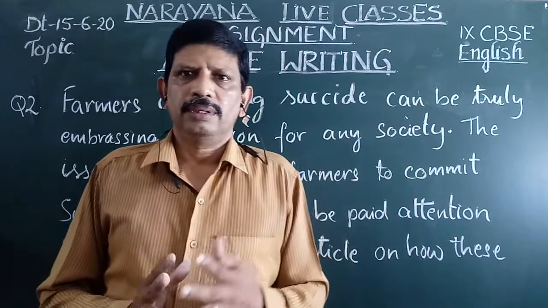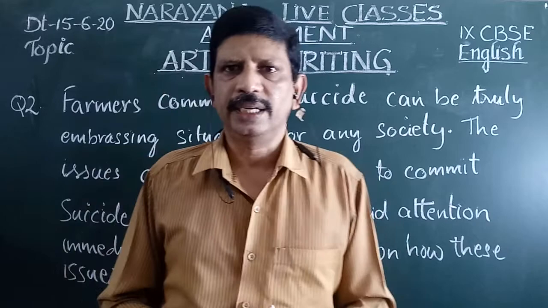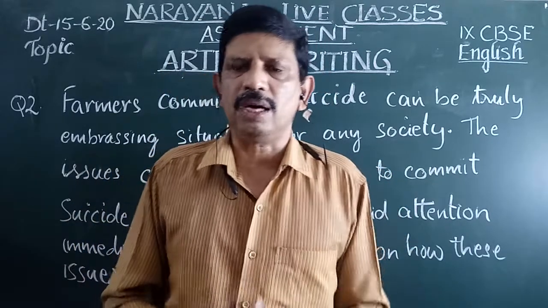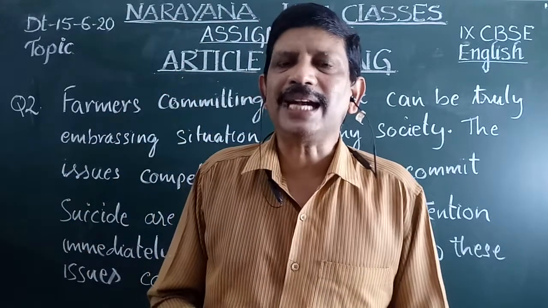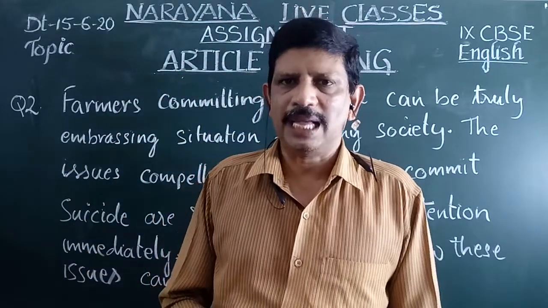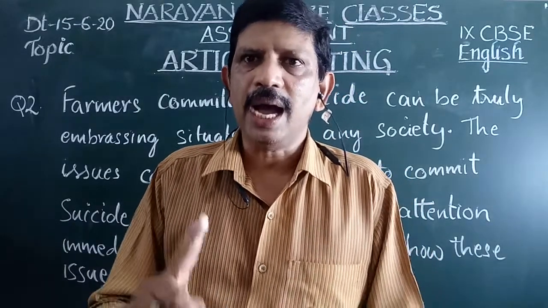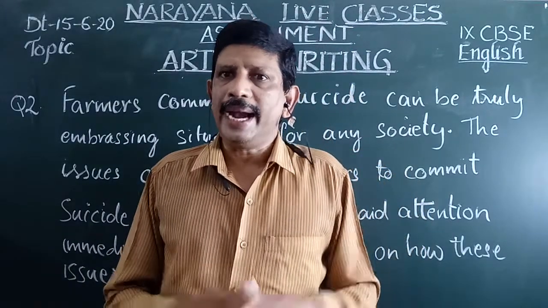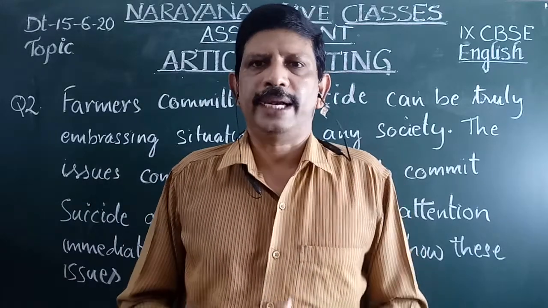Now the next one, we have to write down the development of the content. In the development of the content, you have to write down what are the other causes for the farmers to commit suicide. You have to give some facts related to that. For example, in Kerala, Karnataka, Maharashtra, Andhra Pradesh, these farmers are committing suicide. And in agriculture only, these people are committing suicide.